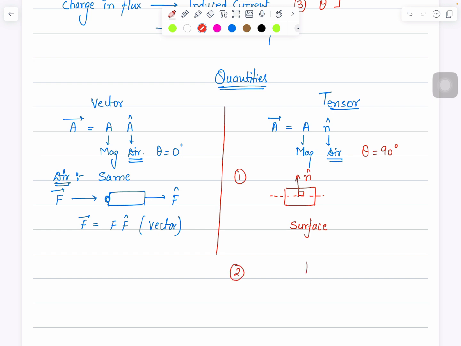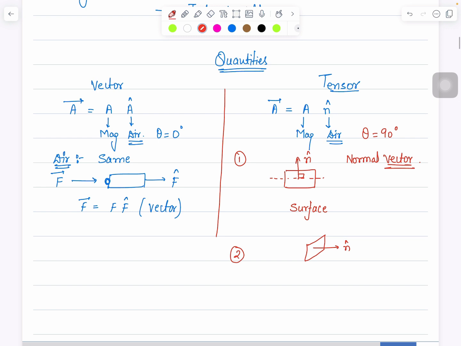If I make a surface like this, or you can just use your hand, where is the direction? Like this. This is your n cap, which makes an angle of 90 degree with the surface. Clear? So that's why n cap is called the normal vector. This is a tensor quantity which has the property of scalar as well as vector at one time.